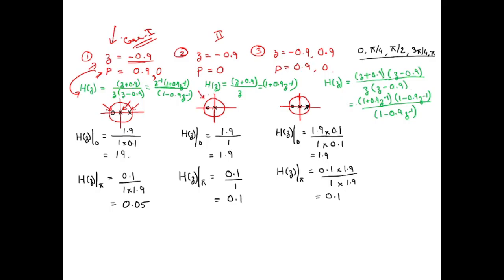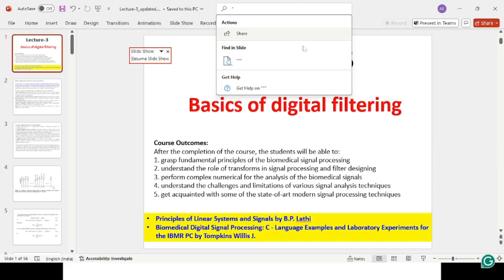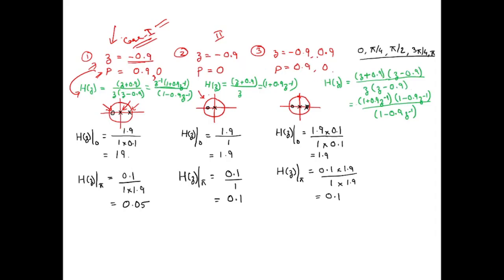In the third case, if you compare case 1 and case 3, this position is similar, and we have added just another zero, which is at the same position as that of the pole.